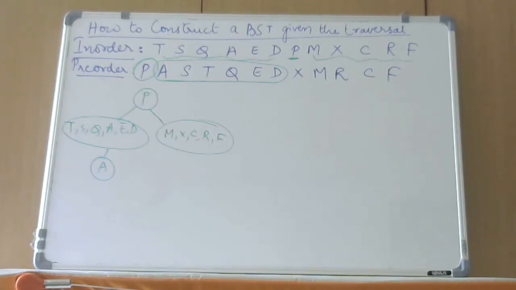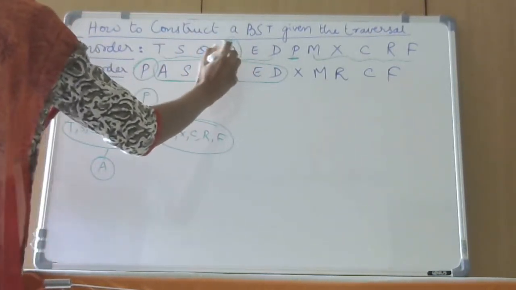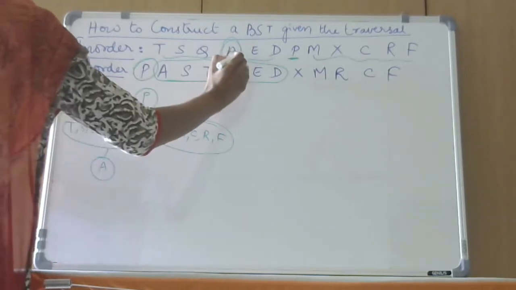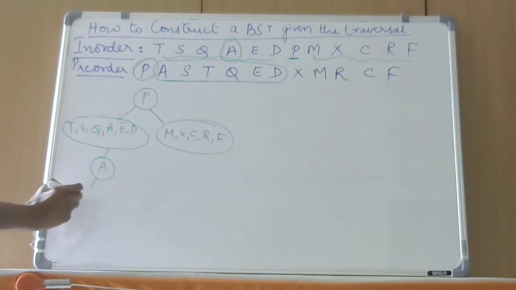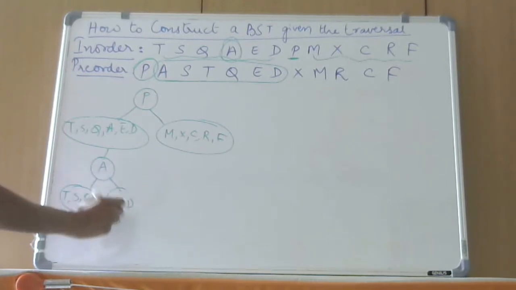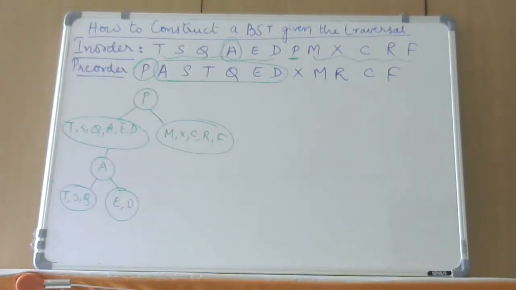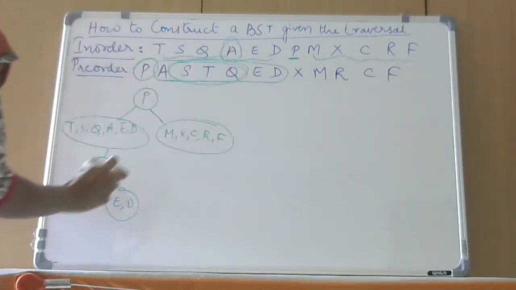Now if A is taken as the root, with respect to A you see here, T, S, Q is to the left of A, E, D is to the right of A. So I can write here T, S, Q is to the left of A, and E and D are to the right of A.